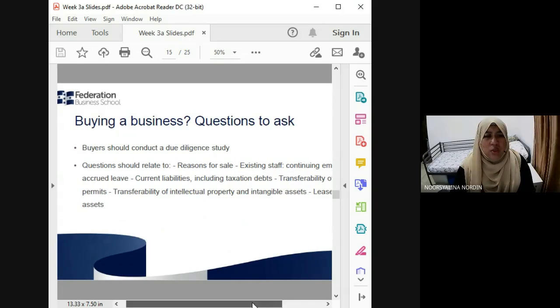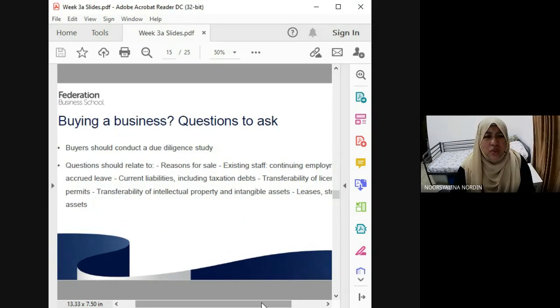And of course there will be accrued leave in terms of the current liabilities, including taxation debts. So not just bad debts, but there may be a certain tax imposed on the company that the company cannot afford to pay. So that is the current liabilities.